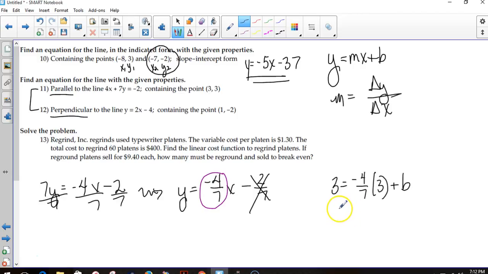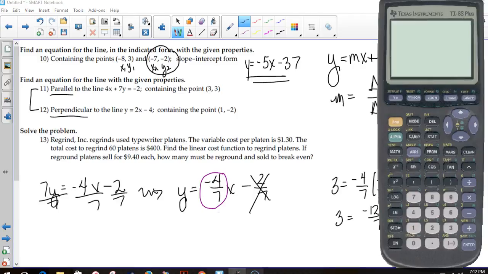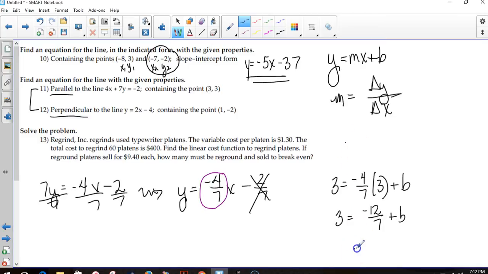Y and x are both a 3, so now I have 3 equal to negative 4 times 3, which is a negative 12 over 7, plus b. I'm going to add that over to the other side and use my calculator. So I have 3 plus 12 over 7, which is not a nice number, but if I hit math, enter, enter, I get 33 over 7, and so b is 33 over 7.